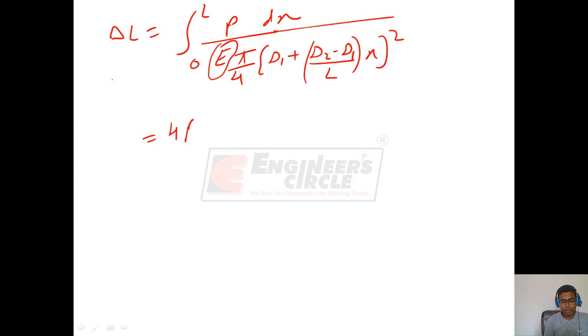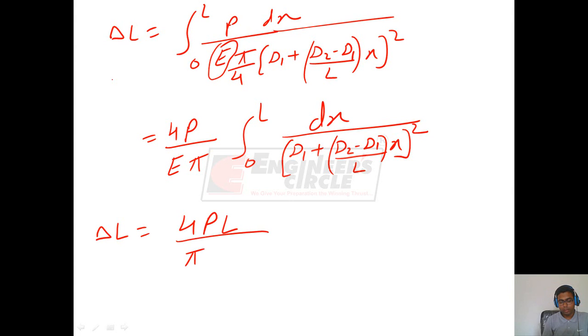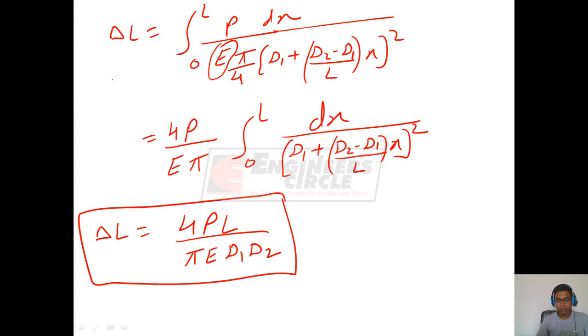We get 4P by E into pi as common, and the rest is integration 0 to L dx upon (d1 plus (d2 minus d1) by L into x) whole square. Integrating this, we will get the elongation of tapered circular bar as 4PL divided by pi E d1 d2. So this is the formula for calculating the elongation in a tapered circular bar of constant E.